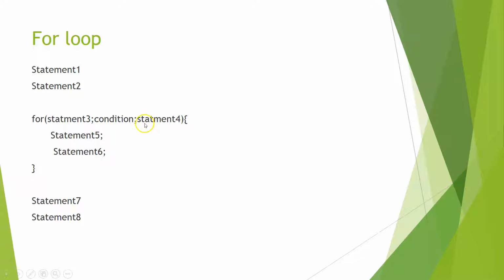After executing statement 4, the program will evaluate the condition again. If it is true, it will repeat executing statement 5, then statement 6, then statement 4, then evaluate the condition again. This process is repeated in this cycle: condition, statement, statement, statement, condition. This cycle is repeated until this condition evaluates false in order to exit the loop, and then continue executing statement 7, statement 8, and so on.